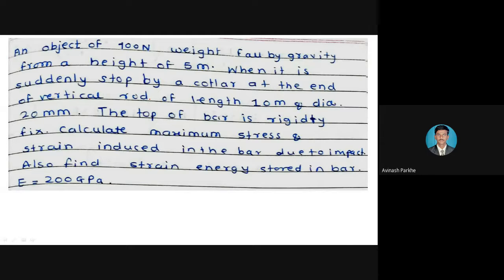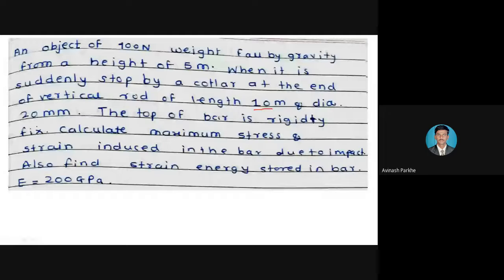Same construction: 100 Newton movable load falling from 5 meters. If it strikes the collar, elongation takes place, and the length of the vertical rod is also given, 10 meter.